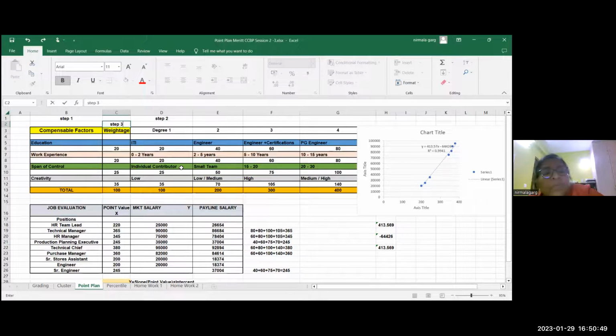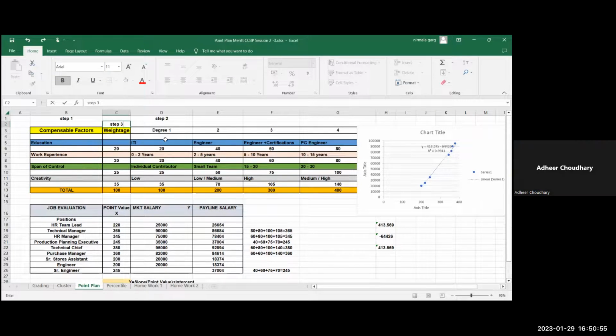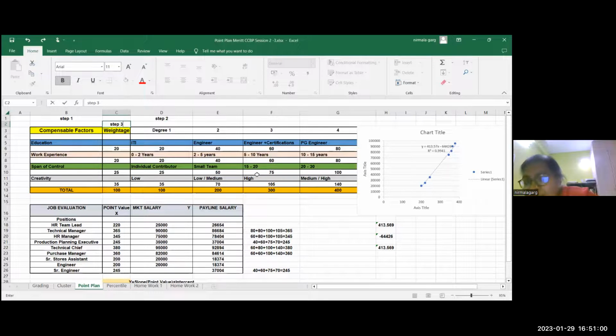And span of control, say this person is an individual contributor, I'll just give 25 points. So what am I trying to do? I can assign point values based on the job description. So I can go crisscross. I can assign a 20 point, I can assign a 40 point. I can also assign here 75 point, depending on what the job description needs and what the descriptor says.